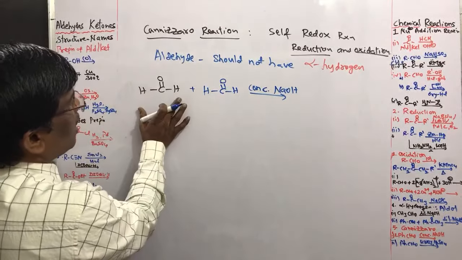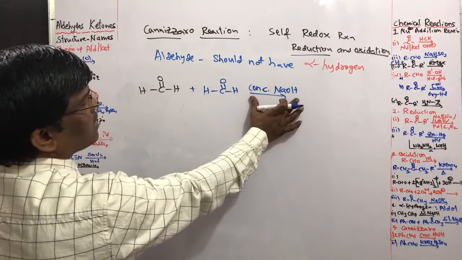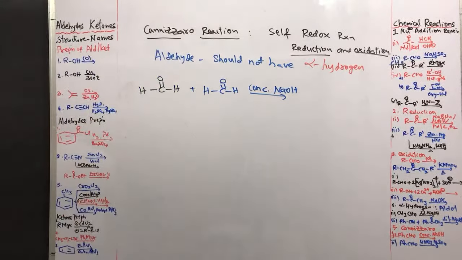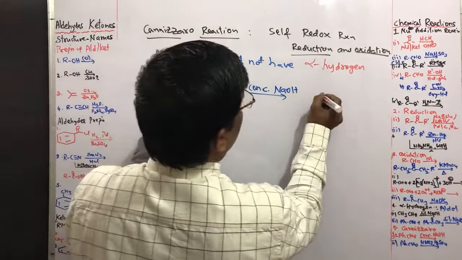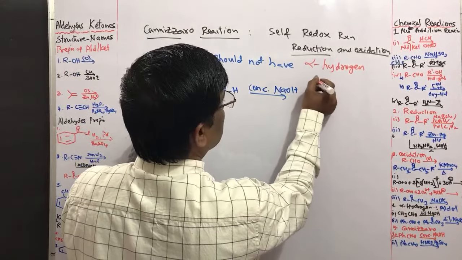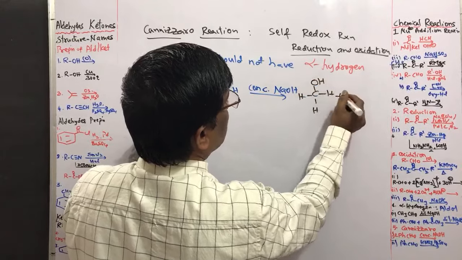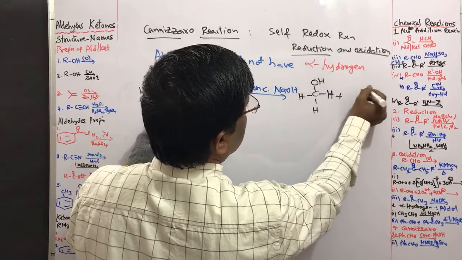So formaldehyde in the presence of concentrated sodium hydroxide gives a reduced product, one compound, and the other one is the oxidized product.